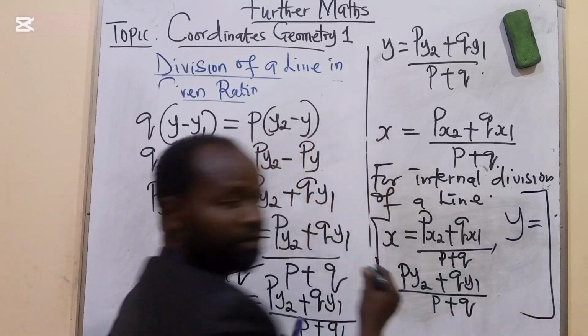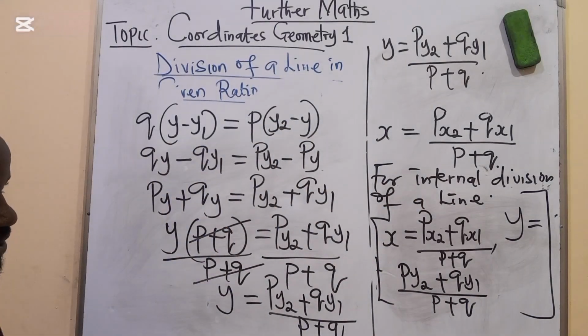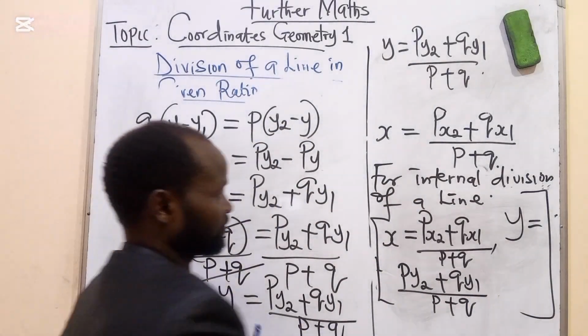So this will be the general formula for internal division of a line.